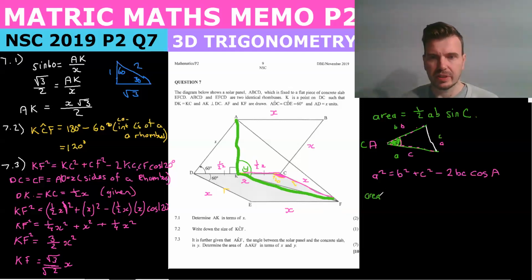I'm doing it in different colors just so we can follow, because it's a 7-mark question and it's a bit tricky sometimes to follow. So now we're finding the area of this triangle here in green.